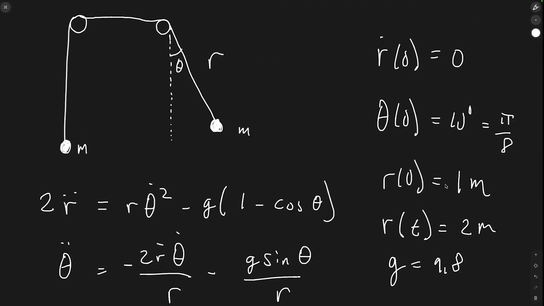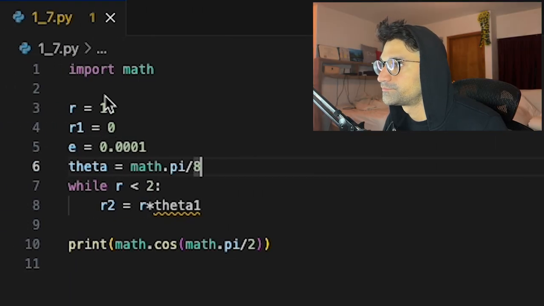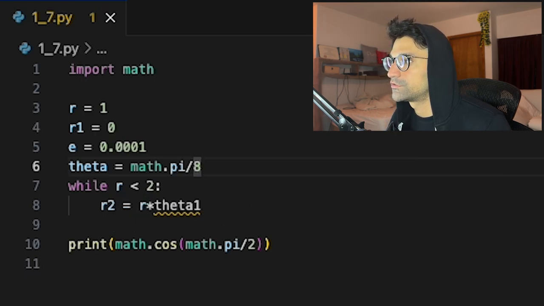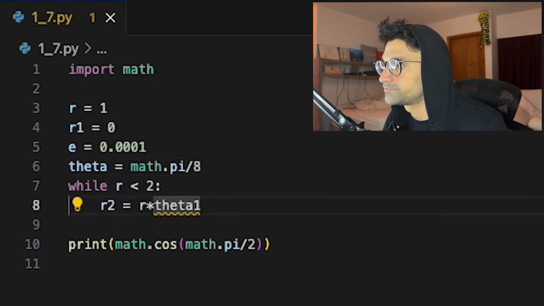And make sure these units are right. So this is meters per second squared. And, you know, this is 0, and then this is seconds. And that's fine. That's good. And then, okay. All right. So now back to our differential equation. So R2 is going to be R times theta 1.